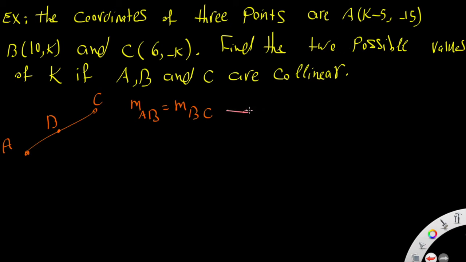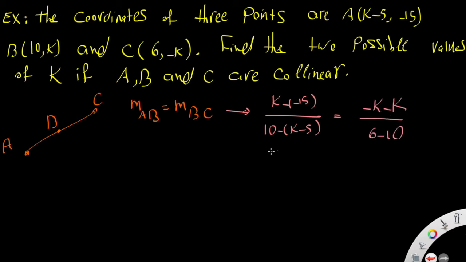Gradient of AB will be equal to k minus 15 over 10 minus k minus 5, which is equal to minus k over 6 minus 10, which simplifies to k plus 15 over 15 minus k is equal to minus 2k over minus 4. Then you can simplify them.